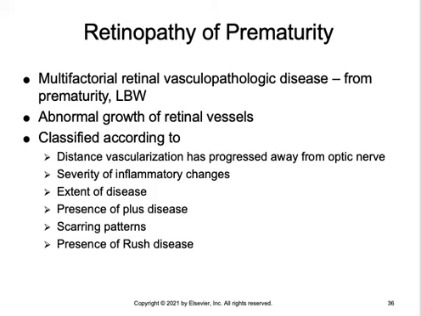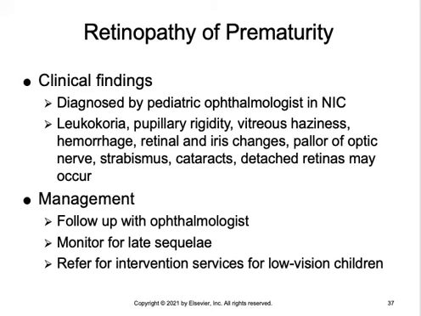So it is definitely within your scope and responsibility to make sure that they are following up with the ophthalmologist and that their vision is developing normally. Normally they will see the pediatric ophthalmologist in the neonatal intensive care, and that's when the retinopathy of prematurity should be picked up.